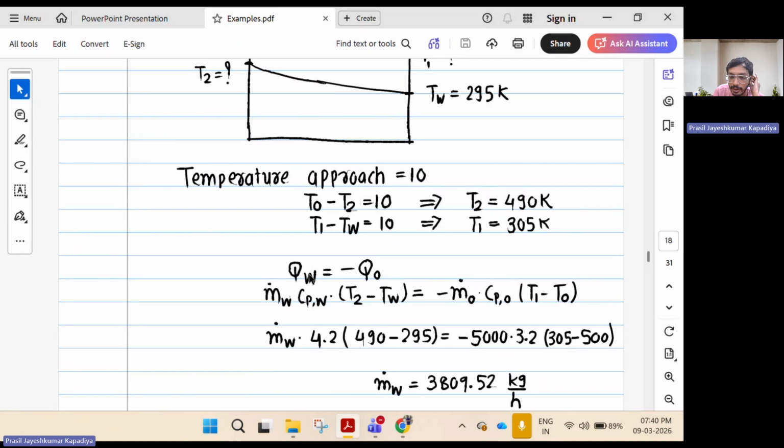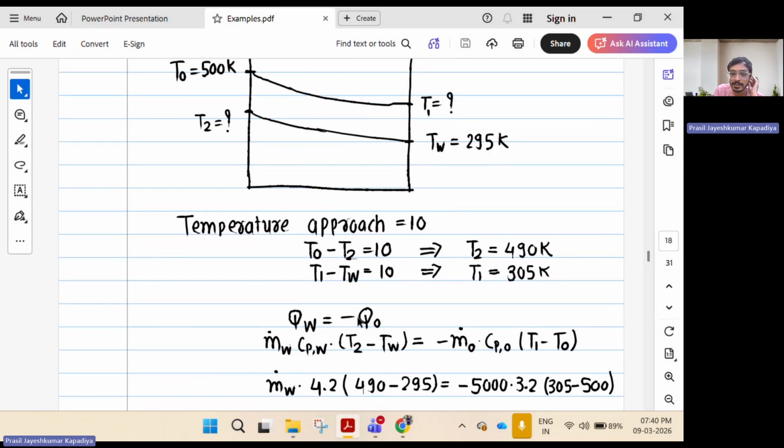So heat gained by water is equal to minus of heat lost by oil. So heat gained by water, mw Cpw (T2 minus TW), is equal to minus the heat lost by the oil, so minus mass flow rate of oil, Cp of oil, (T1 minus T0), final minus initial.